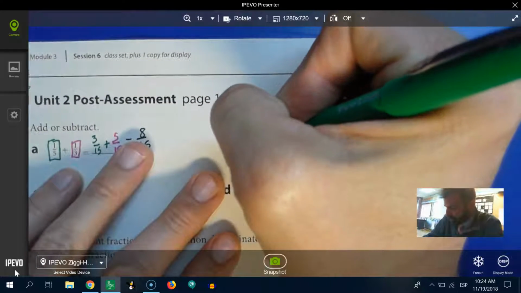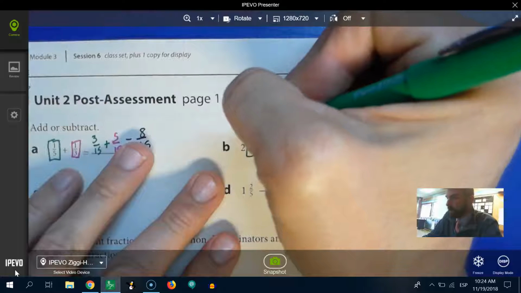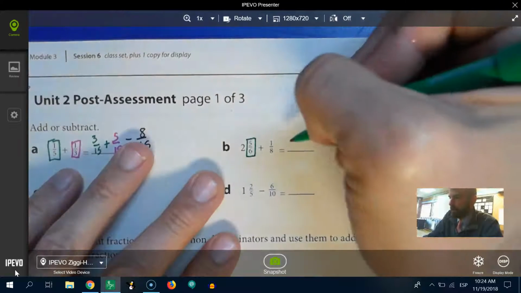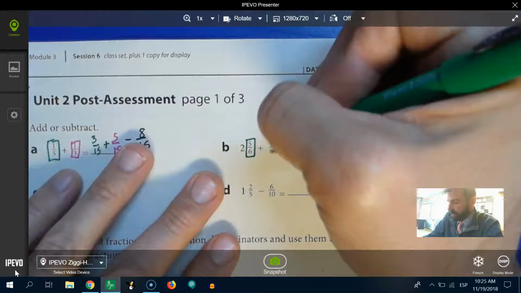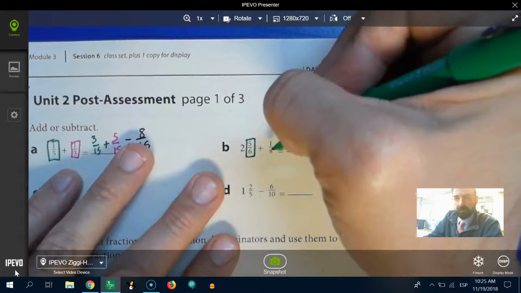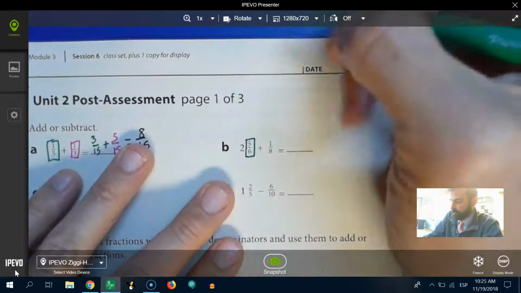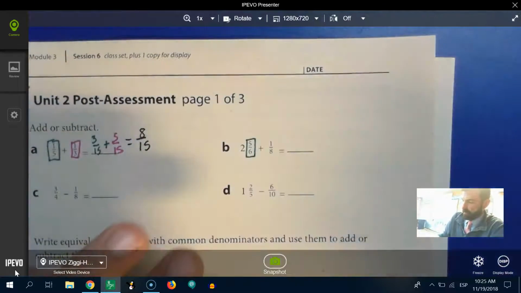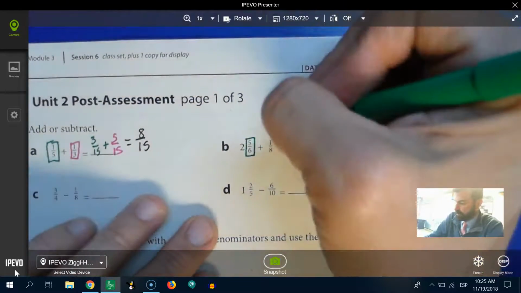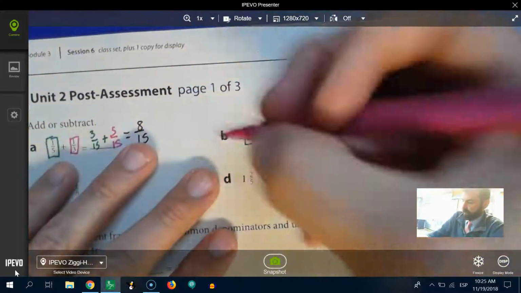I do know that this is just going to be 2, though, now that I think about it, because I'm 1/6 away from a whole, and I'm only adding an 1/8 to it. An 1/8 is less. So yeah, I'm pretty confident that 2 is going to be in my final answer. It's going to be 2 and something. So I'm going to take 5/6 and work with that, and then I have 1/8.